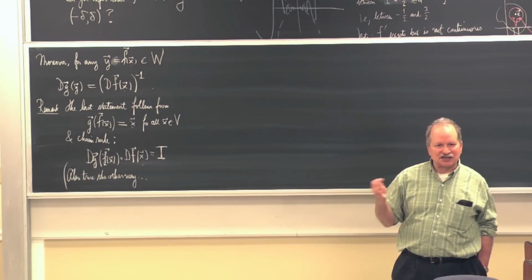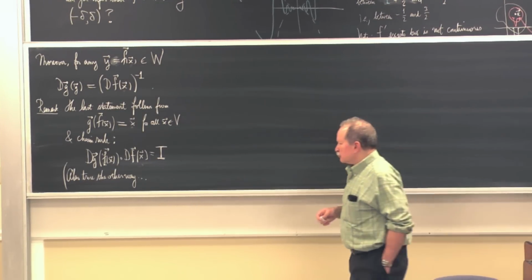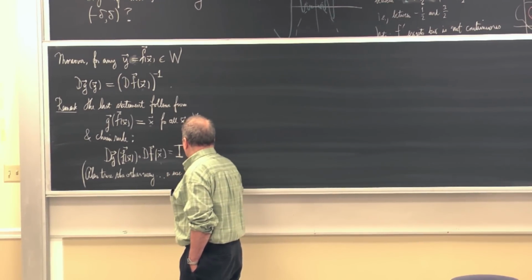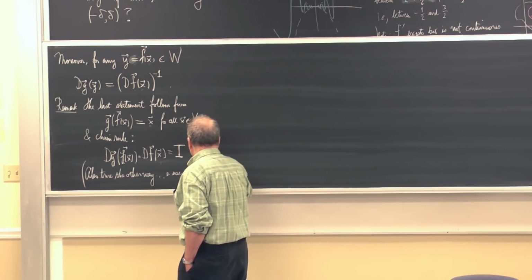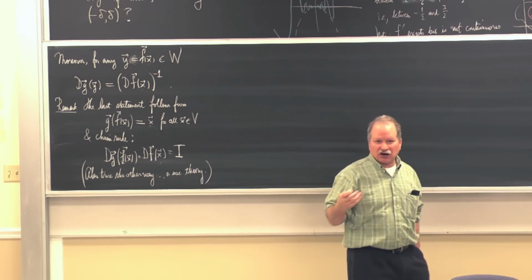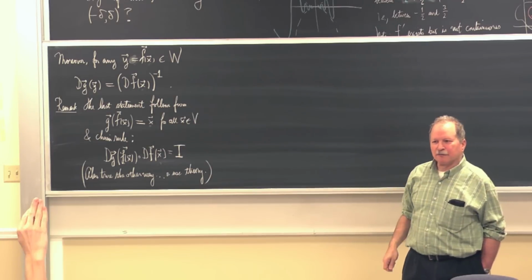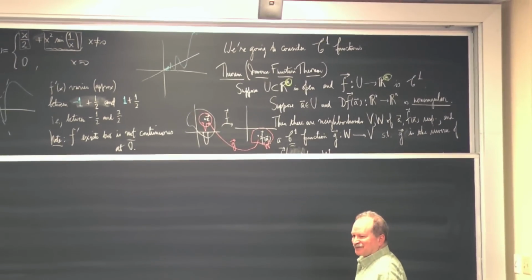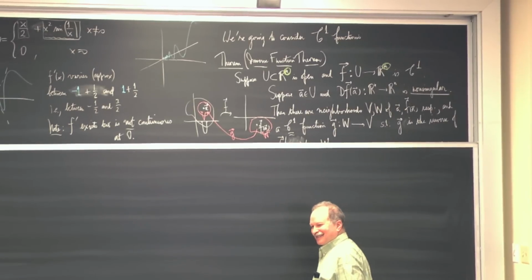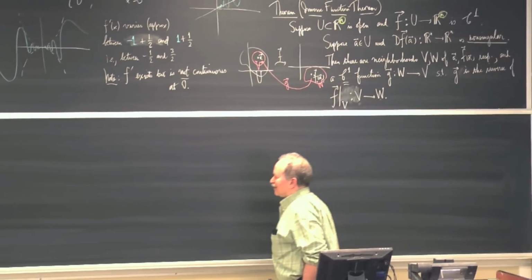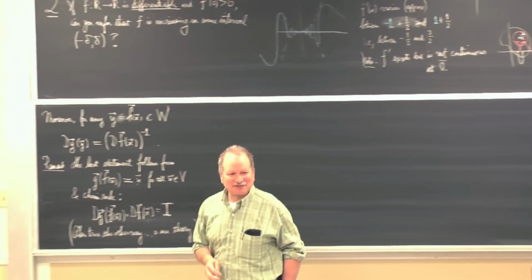It works on both sides. So we had some theory that we did last semester that said when you're working with linear maps from Rn to Rn, you only have to check one side. Guess I need to work on my penmanship.